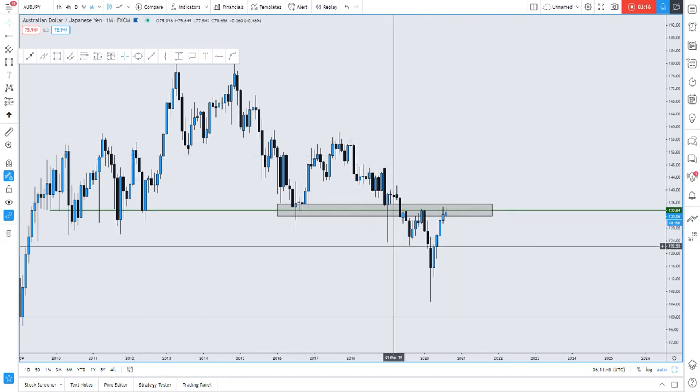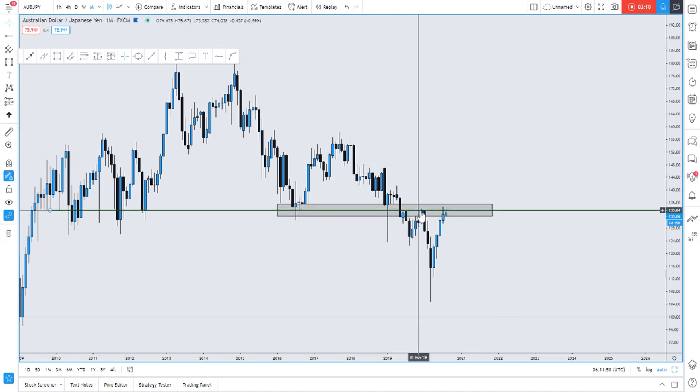Broke through. Price acted as resistance, resistance. Then what should we expect here? We should expect the same scenario of price acting as resistance, because this is just an S and R flip. So we expect price to act as resistance at this area of structure.